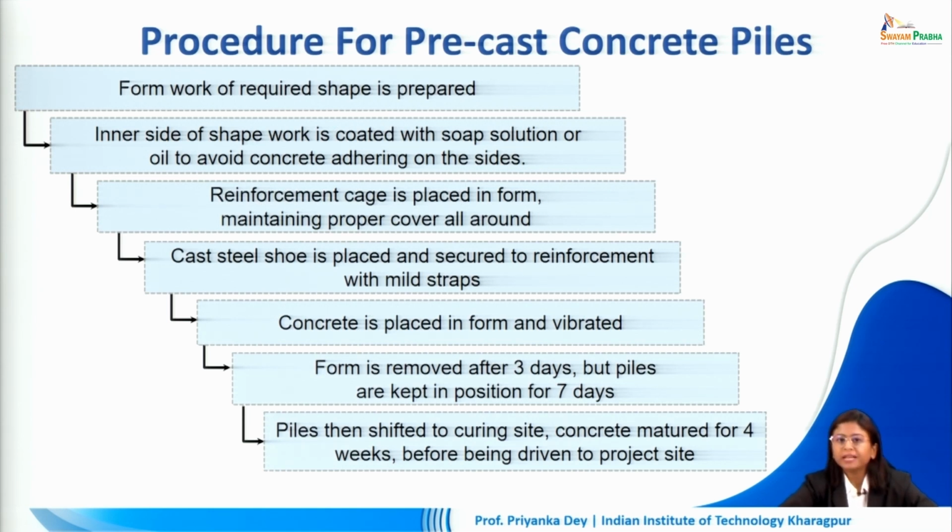The concrete is placed in the form and vibrated. The form is then removed after 3 days, but the piles are kept in position for 7 days. Piles are then shifted to curing site and concrete is matured for 4 weeks before it's actually driven at the project site, where heavy equipment will be used to drive it into the ground.